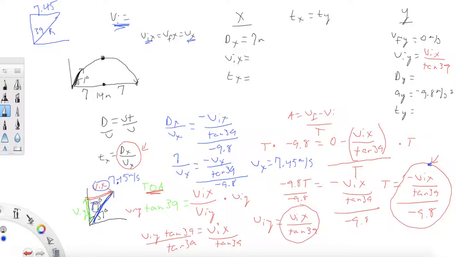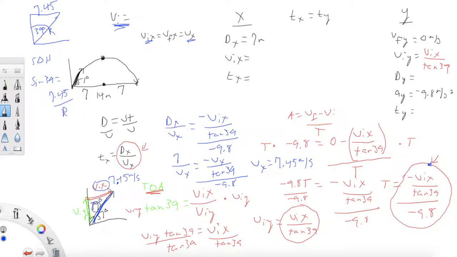So here I've got an angle, which is 39 degrees. So I've got my opposite over hypotenuse, and opposite over hypotenuse is going to be sine. So I'm going to say sine of 39 is equal to my opposite, which is 7.45, over my r.